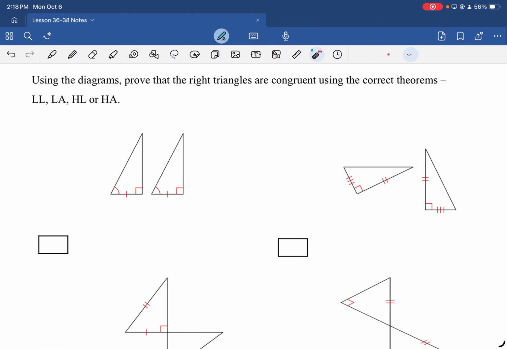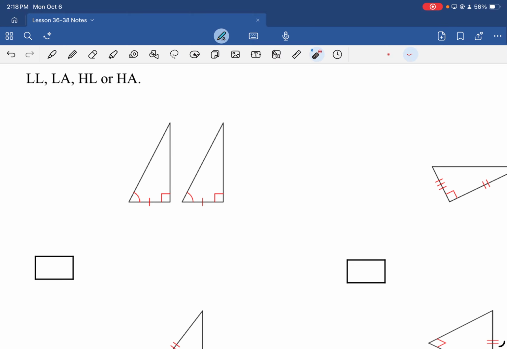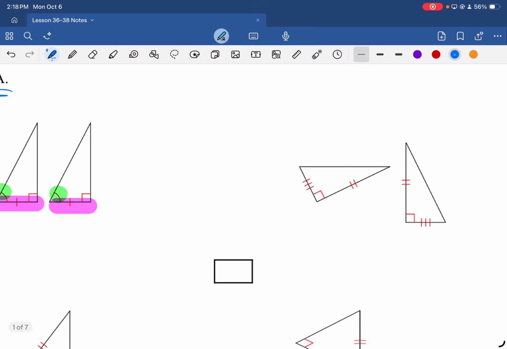So, notice here, we have leg and angle. So, which one of these do you think is the triangle congruence of these two? Yep, LA. Very good. Now look over here.